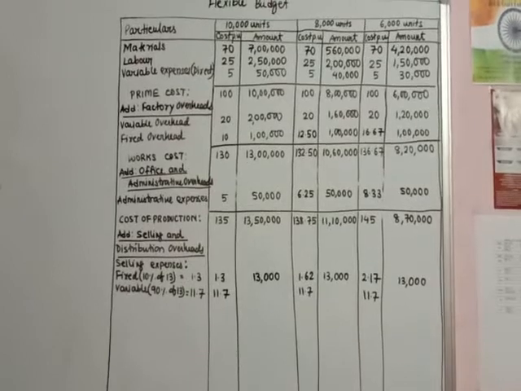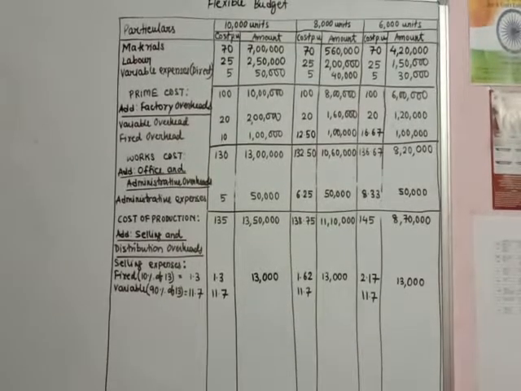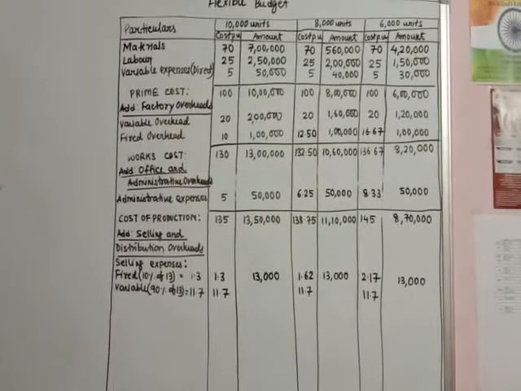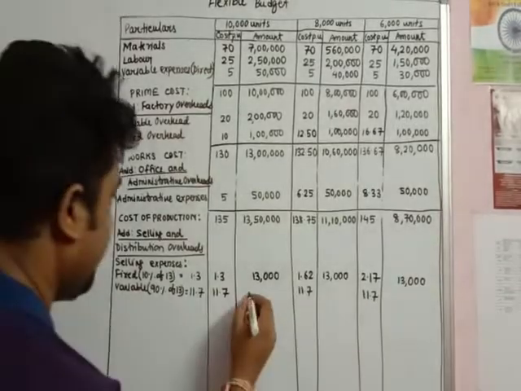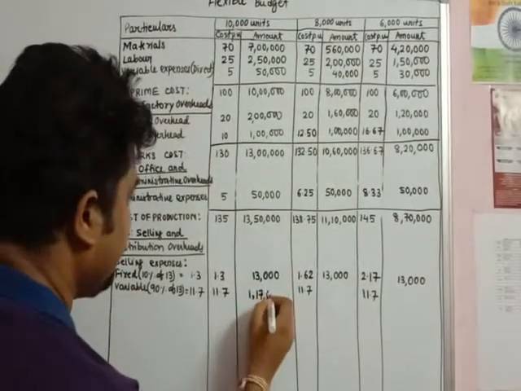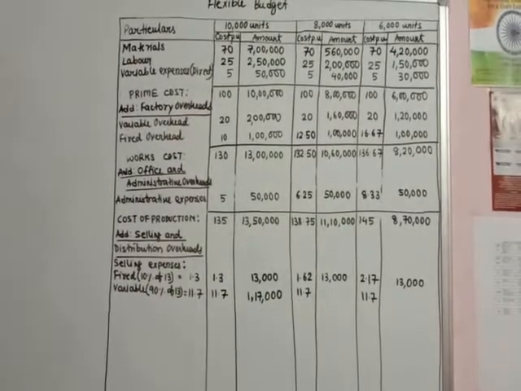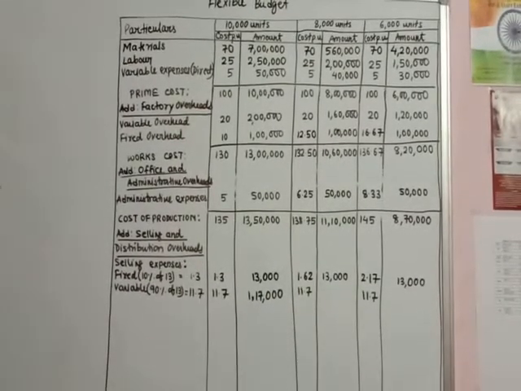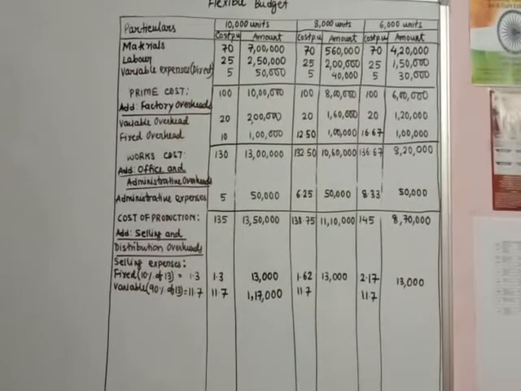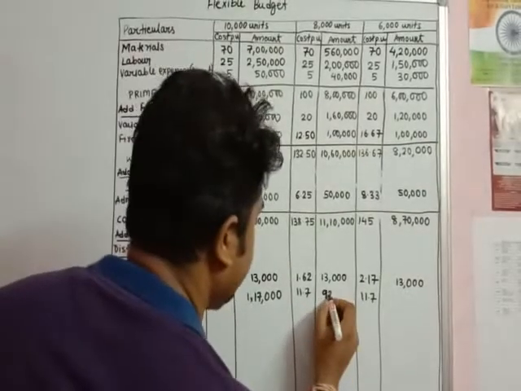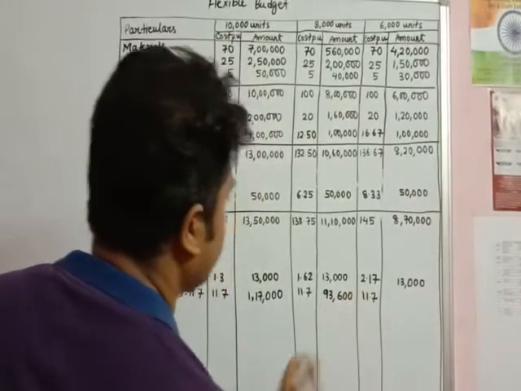So for the first one you have 11.7 into 10,000, which comes up to be 1,17,000. In the next case, you will have 11.7 into 8,000, which comes up to be 93,600.